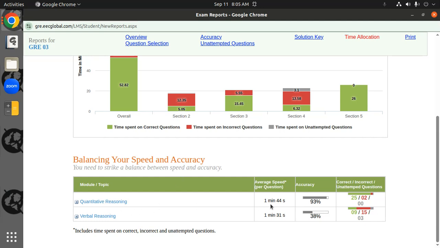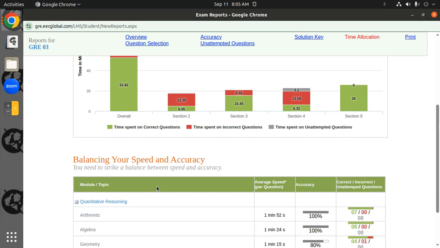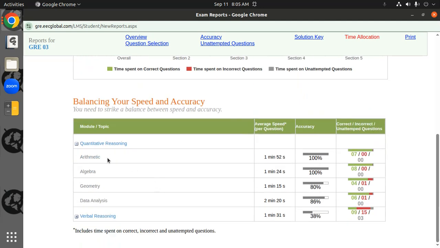Very, very important thing. Quantitative reasoning, 93% accuracy is there. And verbal reasoning, software has calculated just 38% accuracy. So now this will give you topic-wise accuracy. In arithmetic, student is 100% accurate. Same with algebra. For geometry, it is 80%. Data analytics, 86%.